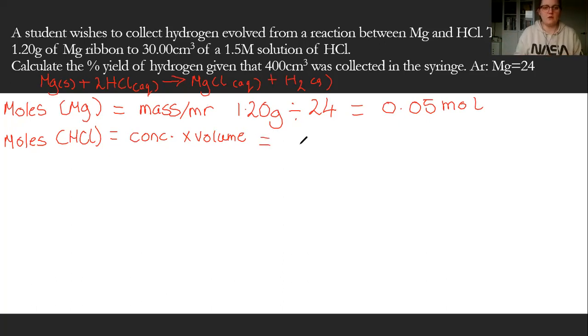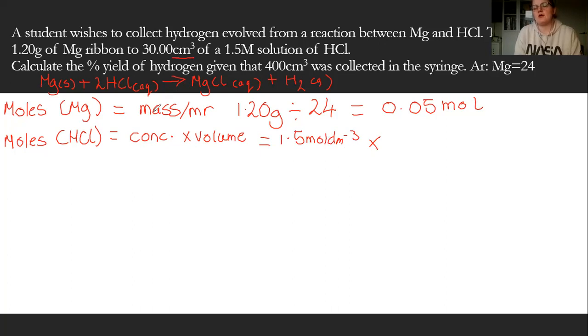Our concentration is 1.5 moles per decimeter cubed. I'm going to multiply that by, well, this is another thing we talked about yesterday: we've got 30 cubic centimeters.